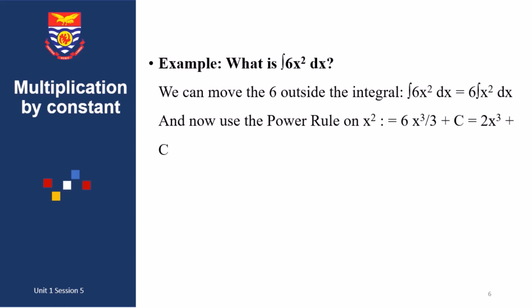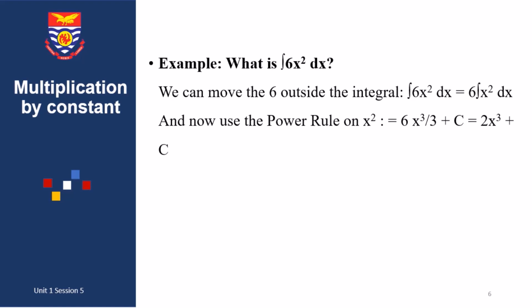Next, we will look at the multiplication by constant. Taking this as an example, what is the integral of 6x to the power 2? We can move out the 6 outside the integration form and then deal with the x to the power 2, then we multiply by the 6. So in this case, we have 6 outside the integral x to the power 2, and now the power rule can be applied on this.